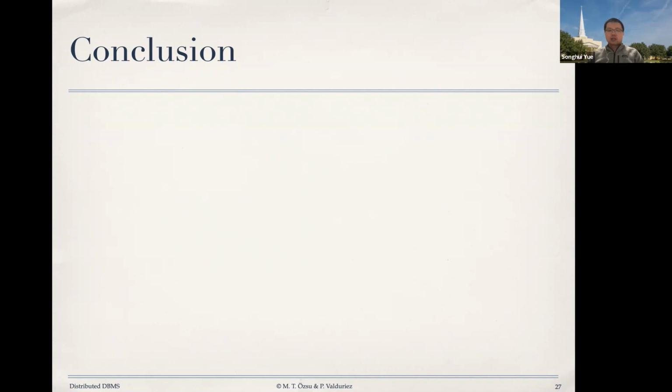Again, as a conclusion, you can read this chapter by yourself, read and add to the notes, and get more familiar with the concepts of transaction management. Hopefully it helps you understand the rest of the content. If you are interested in one specific topic, you can also dive into it.